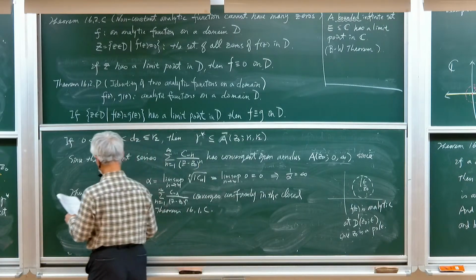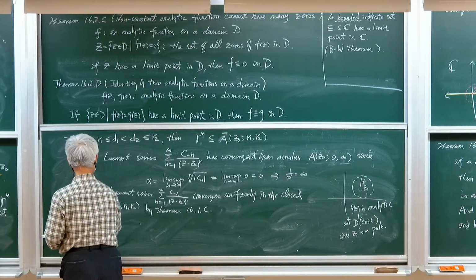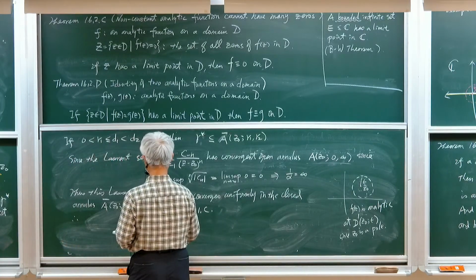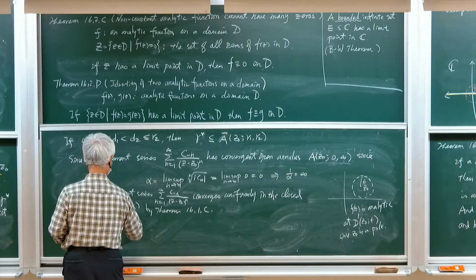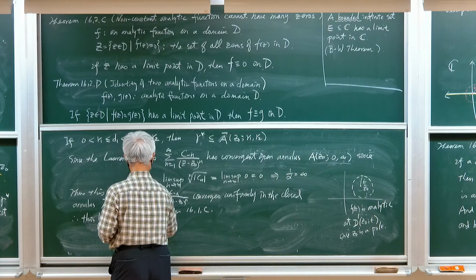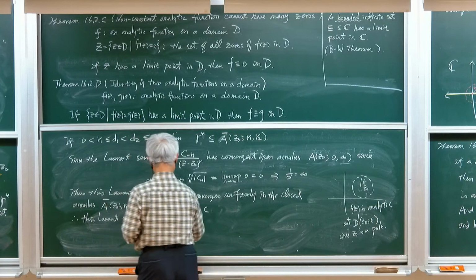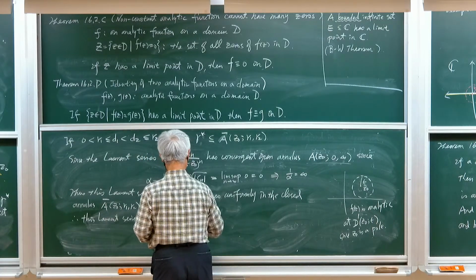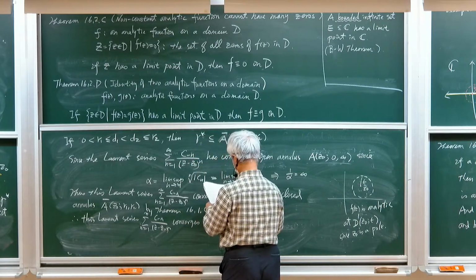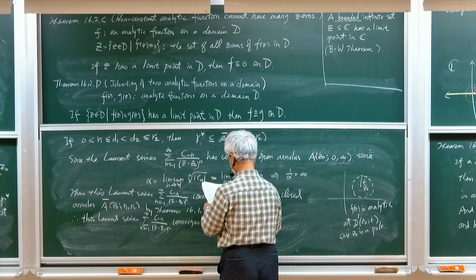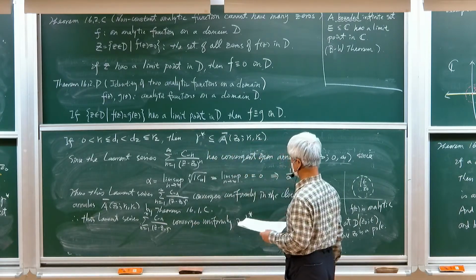And so this Laurent series converges uniformly in gamma star, because gamma star is in this closed annulus.